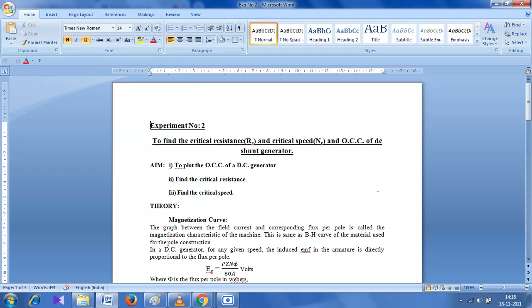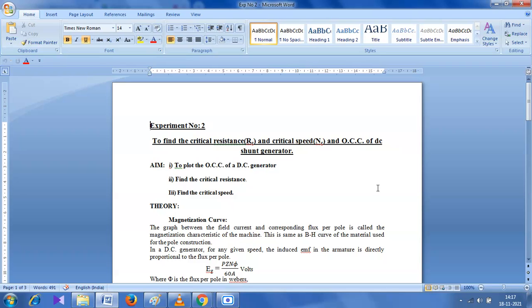Basically, the process and all the parameters to be determined for a shunt generator and a separately excited generator are quite similar, and their characteristics are nearly equal. In the lab we are actually doing the OCC characteristics of a separately excited generator, and in the previous class we took all the readings.